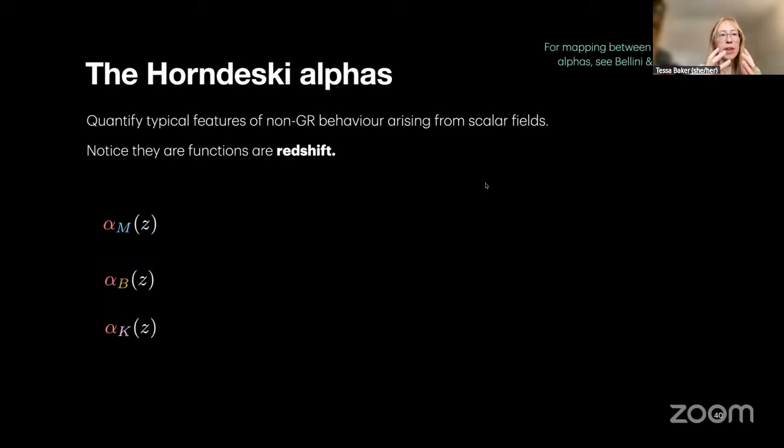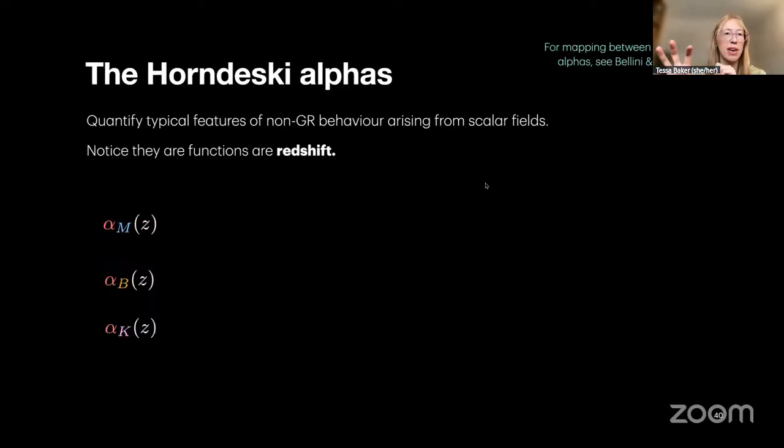So what these alpha parameters are doing, I will show you expressions for them in a minute, but quantitatively what they are doing is wherever there is a term appearing in the linear perturbation theory of Horndeski gravity that is not present in GR, it has one or more of these alphas sitting in it.